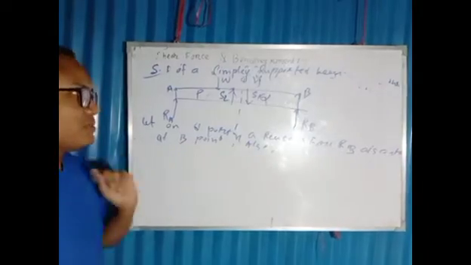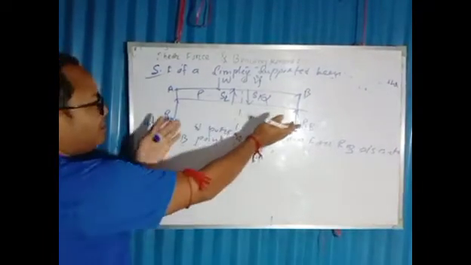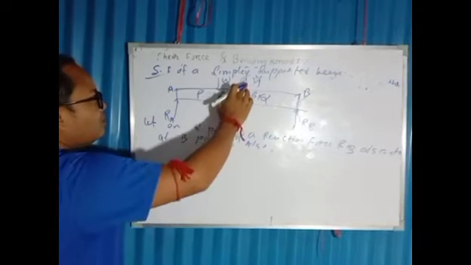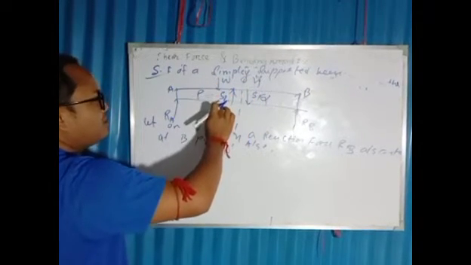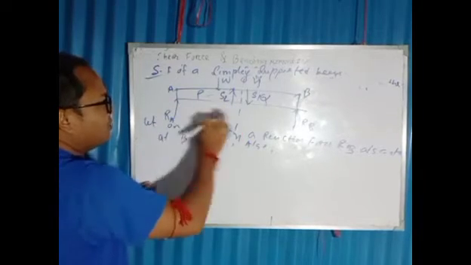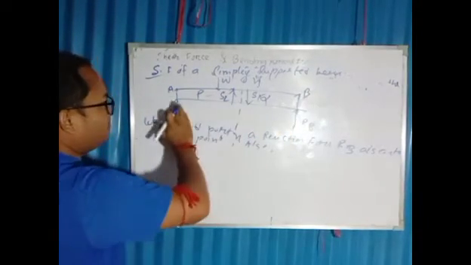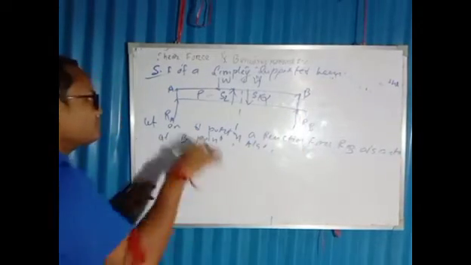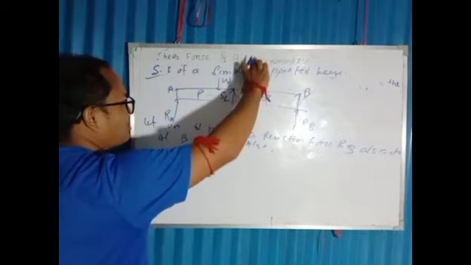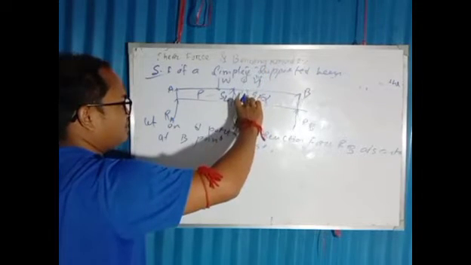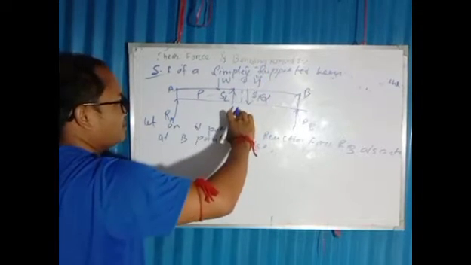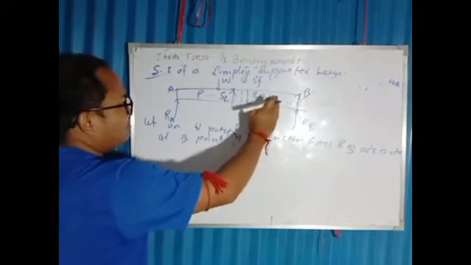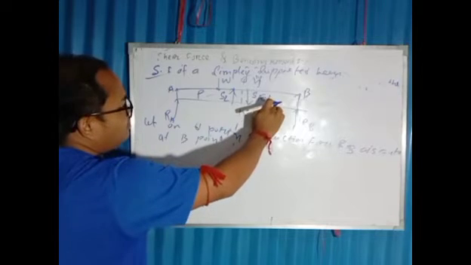Be concentrated; I'm repeating again. This is the beam. A load is acting at the midpoint of this beam, and the two reaction forces, RA and RB, are acting at points A and B. Later, take a section; assume this is the X section. On the right side of this X section, take a portion and name it the Q portion.